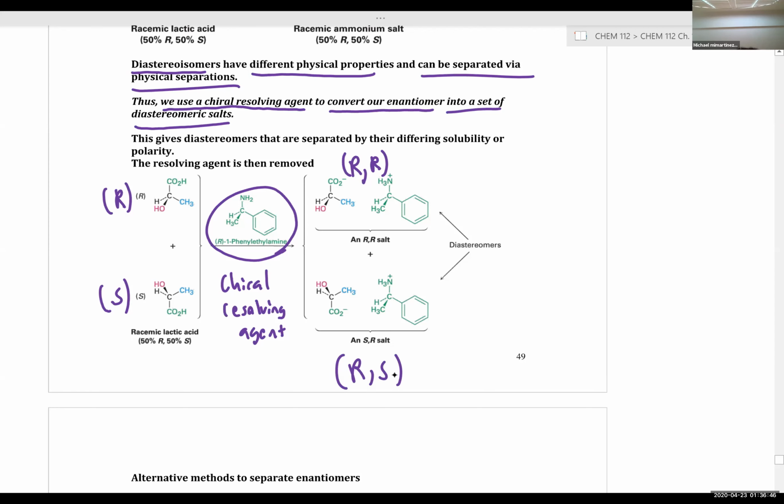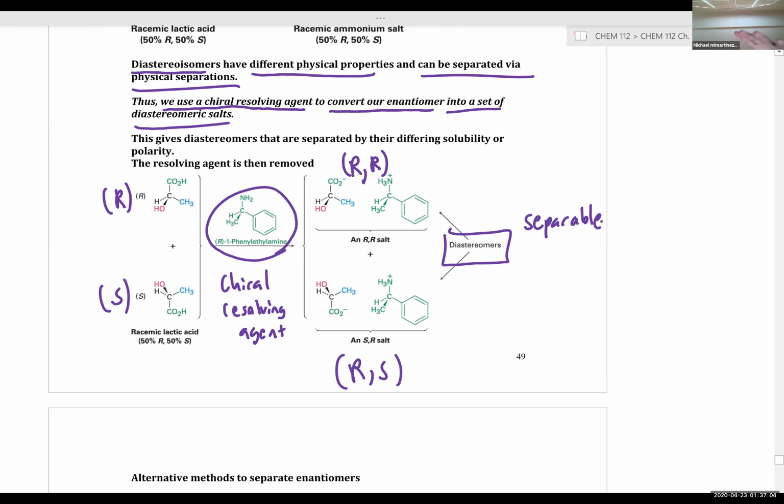And as we notice, because the configuration of one of our centers is different, but the configuration of all of our centers is not different, these are diastereomers, and these can be separated.